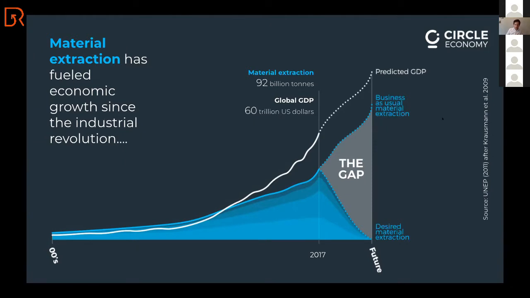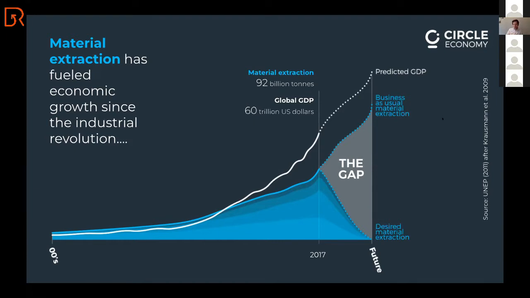In this picture, you can see in the blue line the material extraction, also having an exponential growth since then, but you could put CO2 emissions or water scarcity or biodiversity loss. You can all put that in the same graph and will always show that exponential growth. And of course, the circular economy is meant to mitigate that and close that gap that you can see.